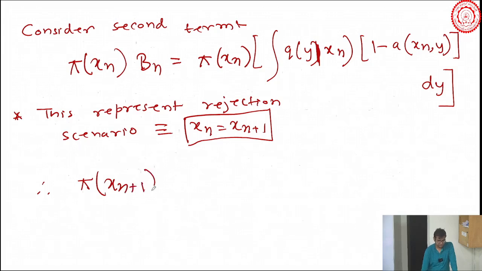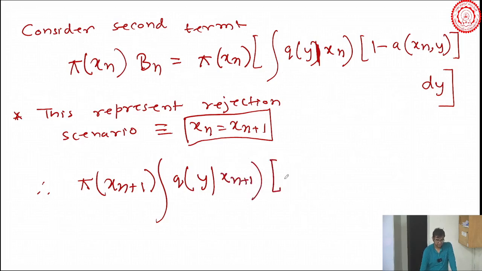You can understand what is happening, right? Q of y given xn, I'll write y given xn plus 1, times 1 minus a of xn comma y, I will write xn plus 1 comma y, dy.